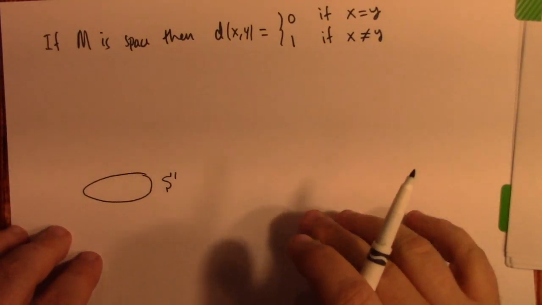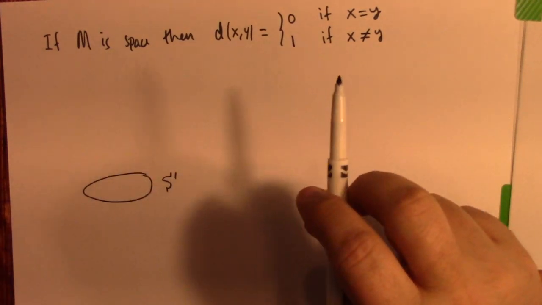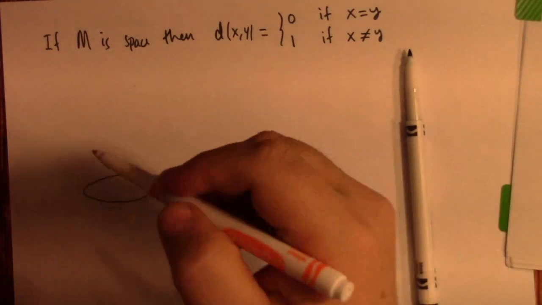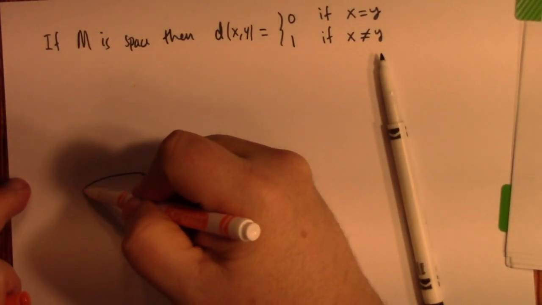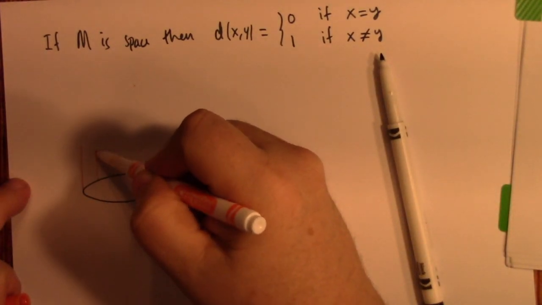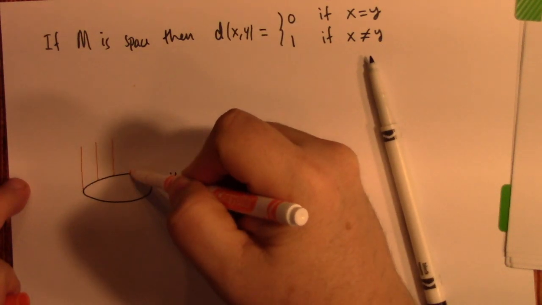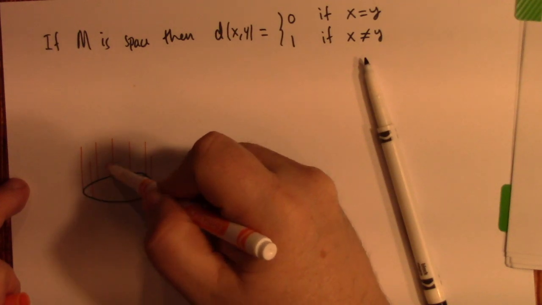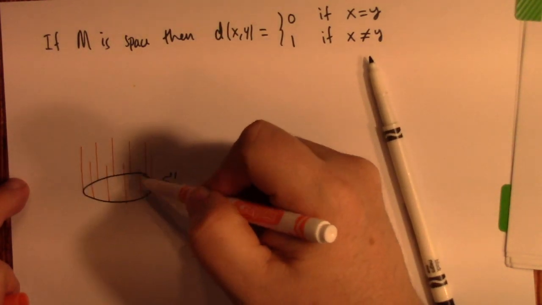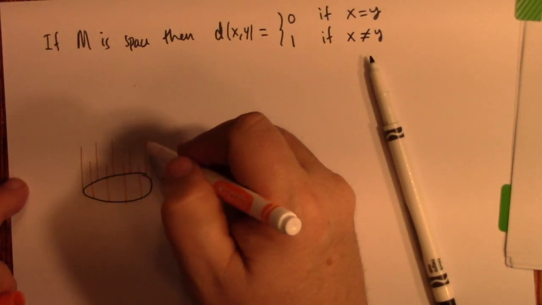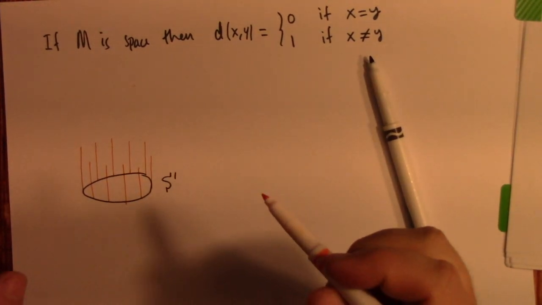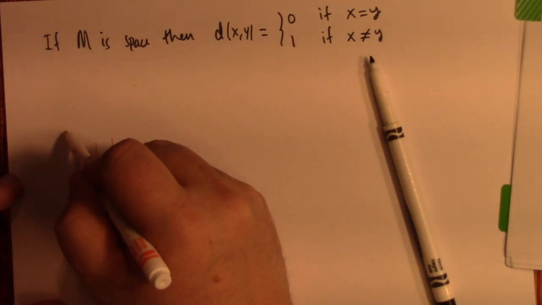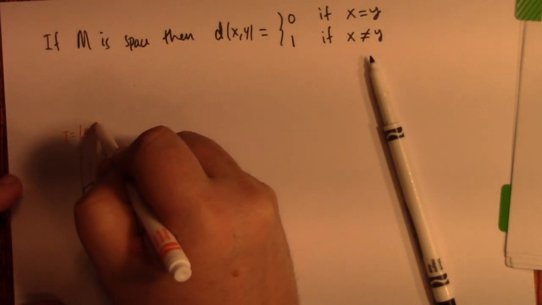But anyway, if that's S1, you can think about the Cartesian product in some sense as gluing on a unit interval, like that. So here I'm thinking I is 0 to 1.